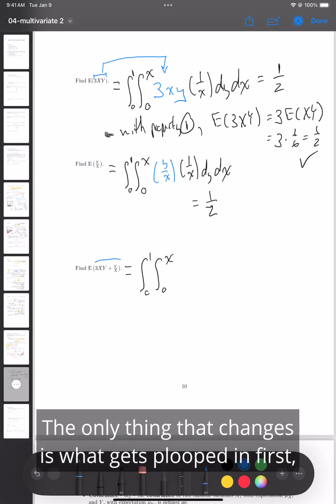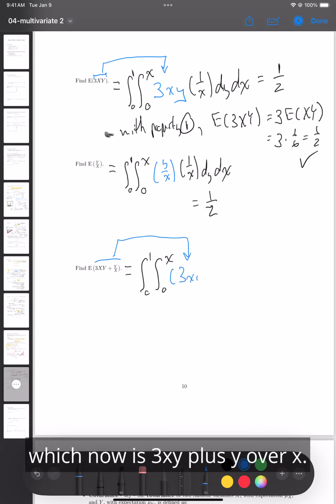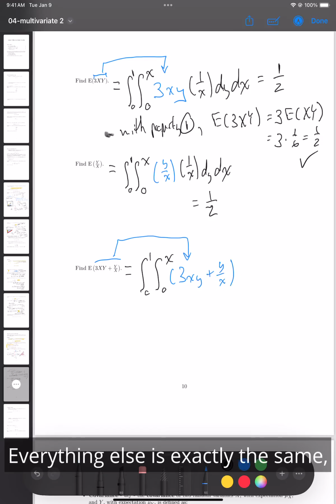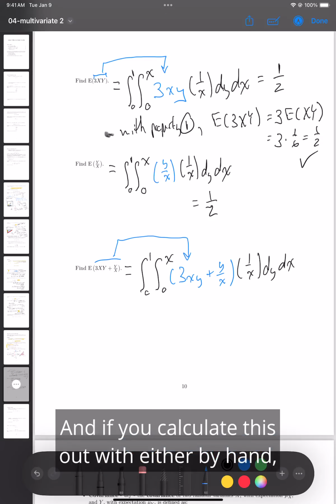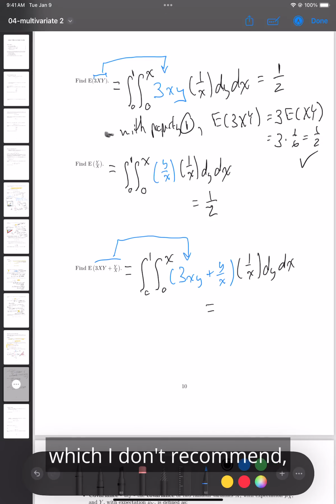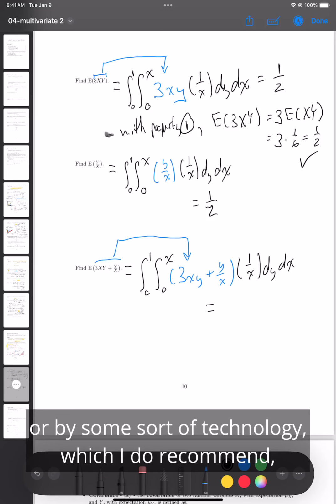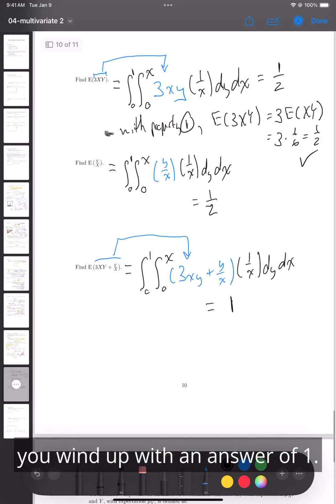The only thing that changes is what gets plugged in first, which now is 3XY plus Y over X. Everything else is exactly the same, so nothing too different from the previous examples. If you calculate this either by hand, which I don't recommend, or by some sort of technology, which I do recommend, you wind up with an answer of 1.